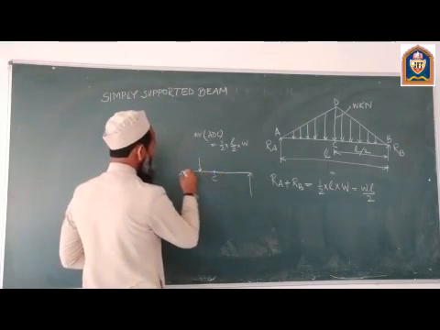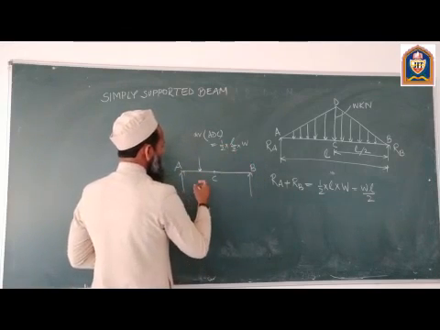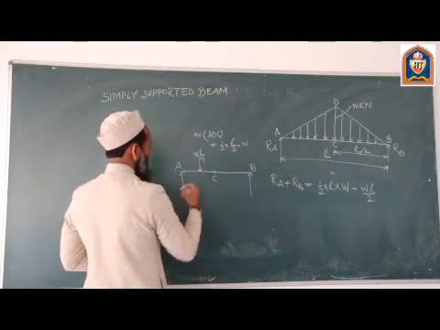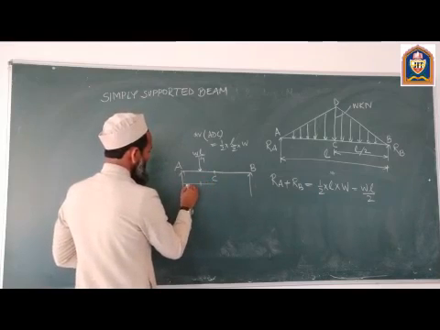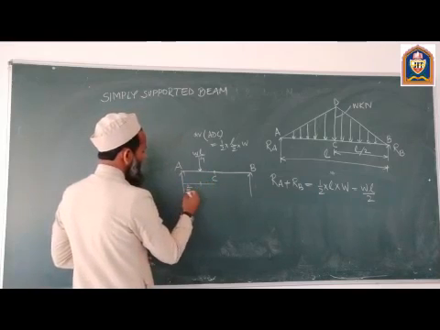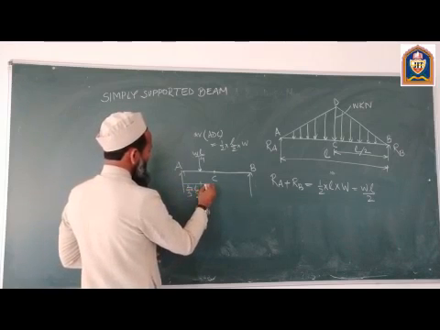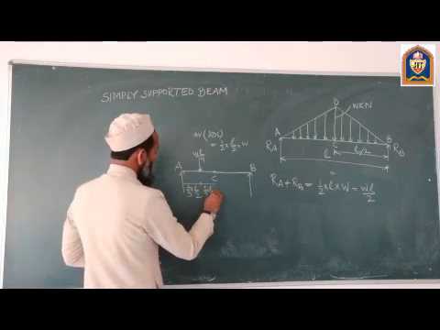This point is C, this point is A, this point is B. This distance is 2 by 3 of L by 2, and this is 1 by 3 of L by 2.